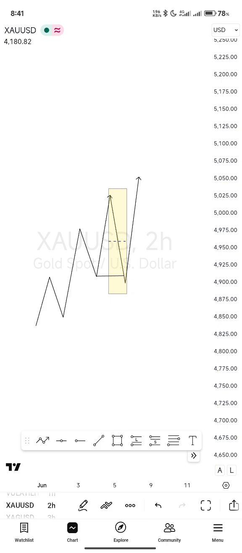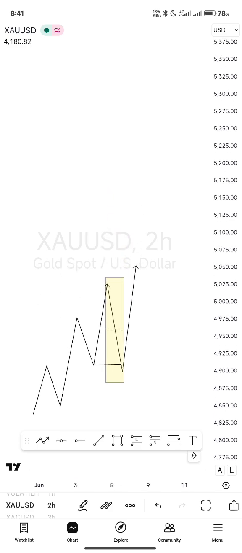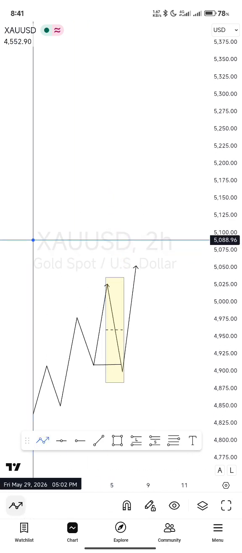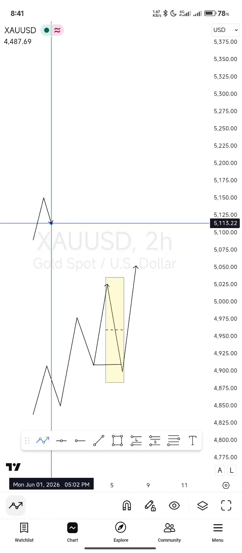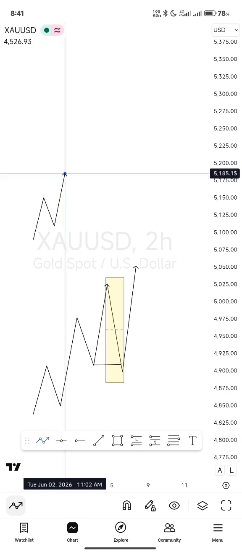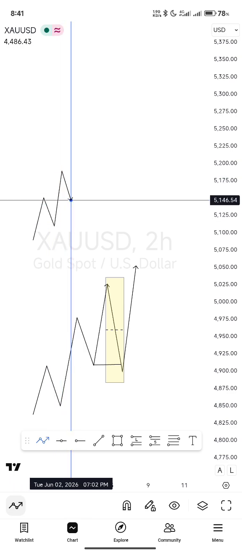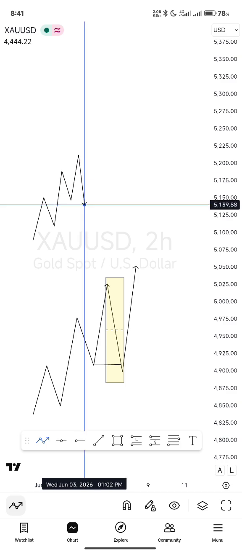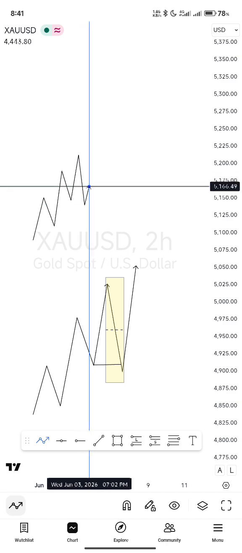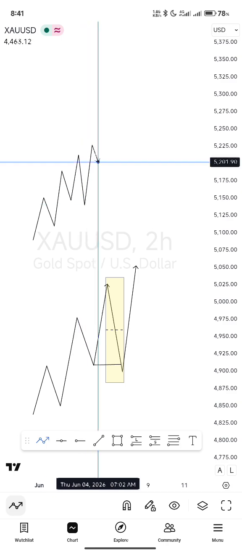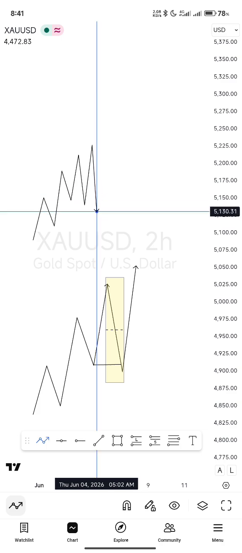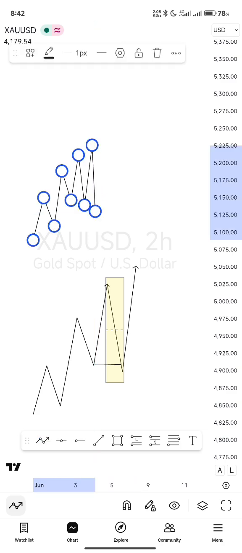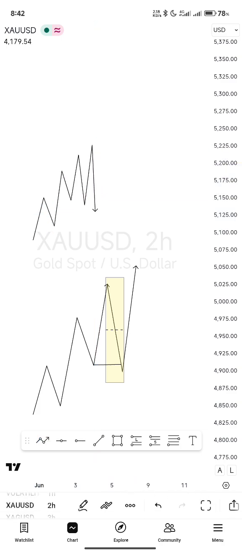The next way you would see displacement is when the market is in an uptrend, printing higher highs and higher lows, and then you see a sudden shift in the structure. The market reverses and comes down again. Sometimes you see the market move like this.